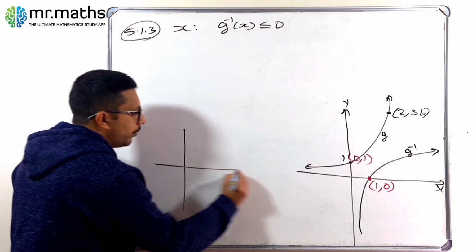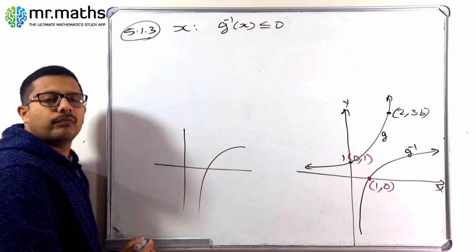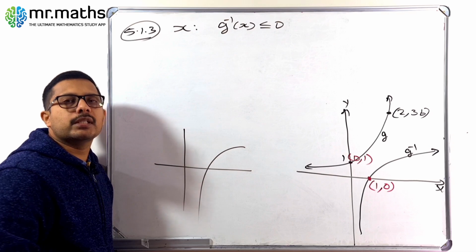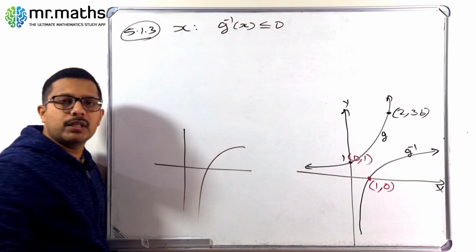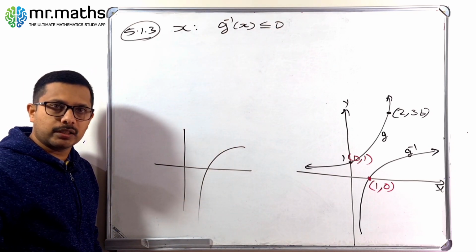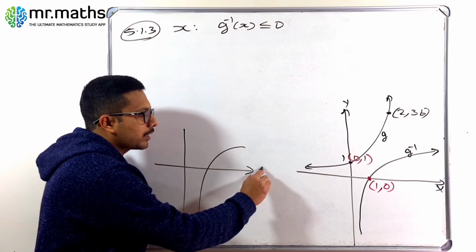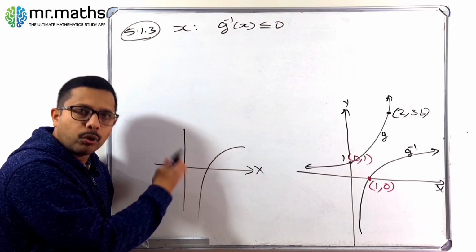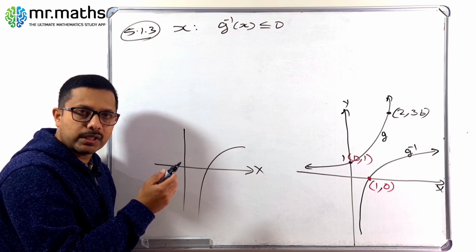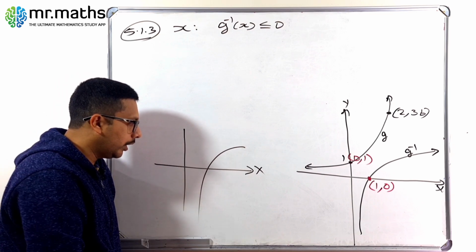If you draw a graph like this, when can you say that the graph is negative? Less than or equal to 0 means it is negative. A graph is negative when it is below the x-axis.